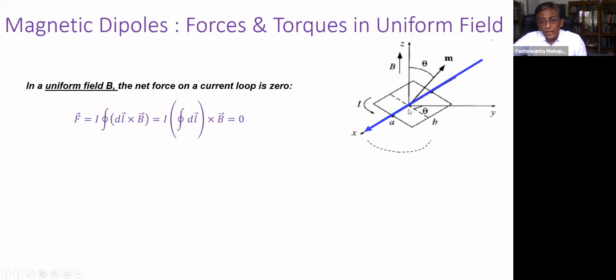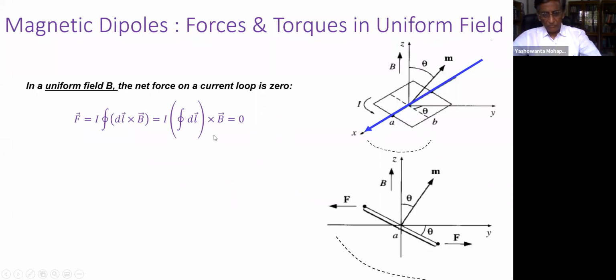Now, there could be a torque. Suppose I take a small loop, and for convenience I have taken a rectangular loop. That doesn't lose generality, because I can always consider a rectangular loop over a very small loop, and displace it by theta. Let's say B is in this direction and my M is in this direction.